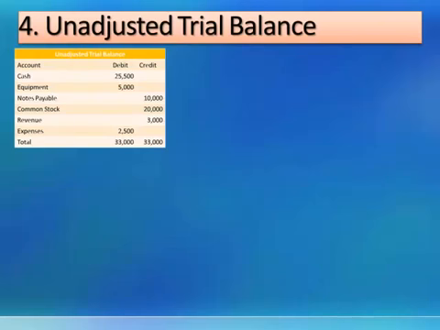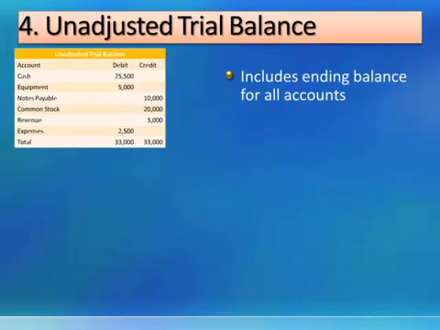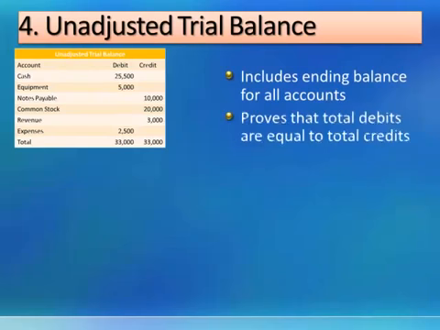We see our debit balances of cash, $25,500, equipment, $5,000, and expenses, $2,500. Our total debits are equal to $33,000. We also have our credit balances in notes payable, common stock, and revenue. Our credits also add up to $33,000. The trial balance includes the ending balances for all accounts, and it proves that total debits are equal to total credits.